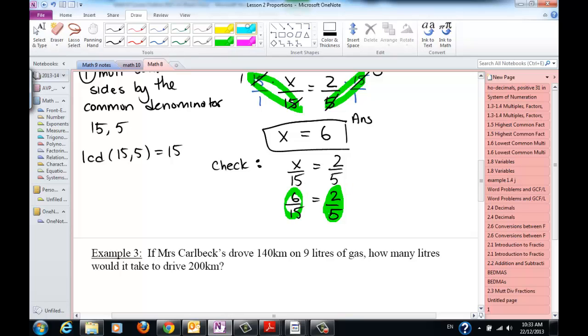It's the left-hand side which is not in its most reduced form. Notice that 6 and 15 are both divisible by 3. So if I divide by 3, I get 2, and divide by 3, I get 5. What I really have on this side is 2 over 5. And notice that 2 over 5 does in fact equal 2 over 5. And therefore I solved for it correctly. Alright, well what about a word problem?